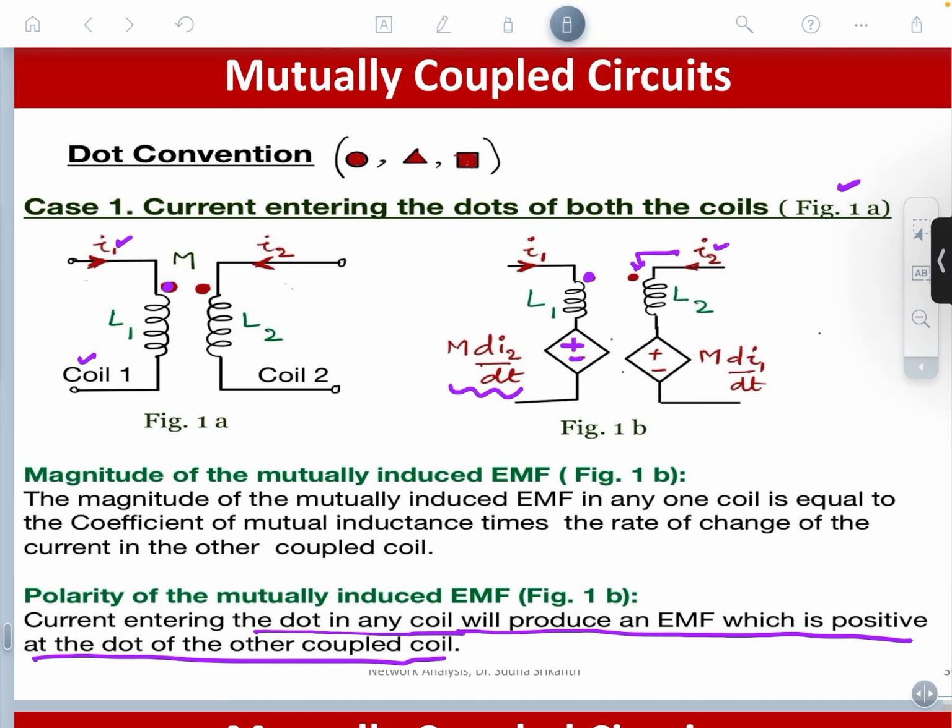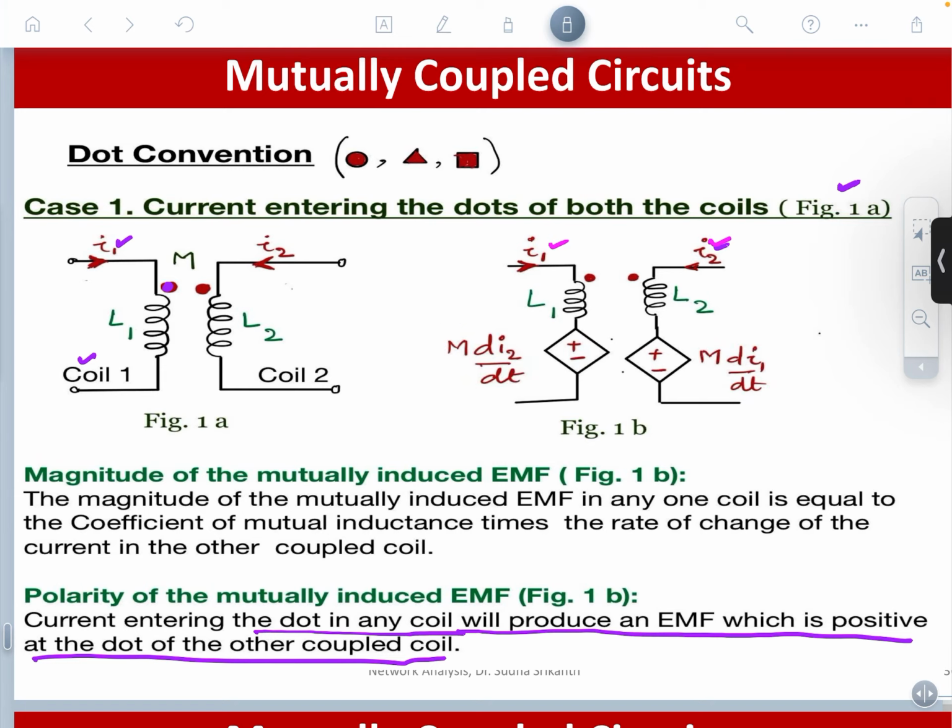We can represent it as a dependent source, a controlled source. Why is it a controlled source? Again it is very simple, because M di2 by dt or M di1 by dt depend on the currents I1 and I2. That is where the dependency comes from. And these sources are voltage sources. They are current dependent voltage sources.